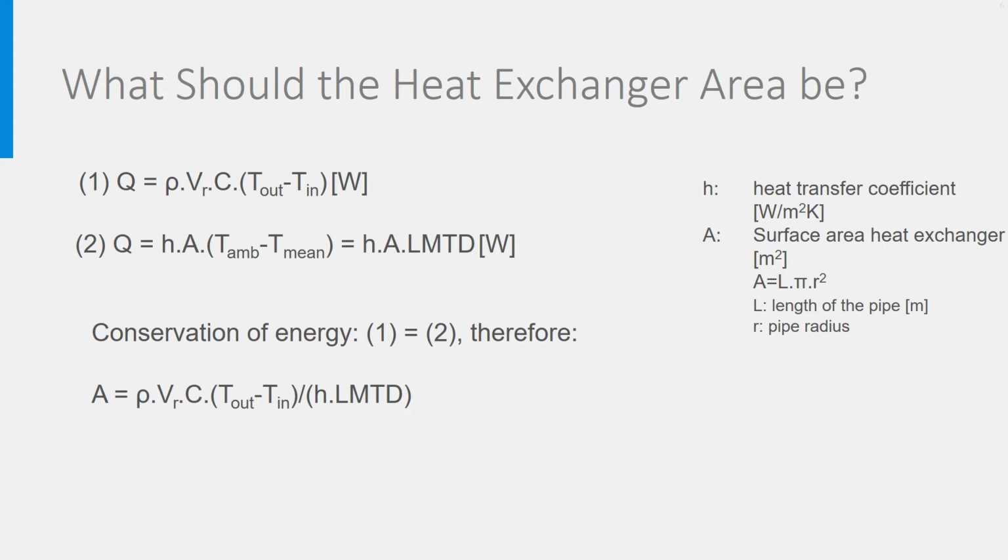If you know the temperature levels T out and T in and the quantity of heat to be exchanged, you can then relatively easily estimate the needed heat exchanger area by using the law of conservation of energy, by which the results of equation 1 should be equal to the results of equation 2, leading to the formula below. The surface area A determines the size of the heat exchanger and therefore its costs.